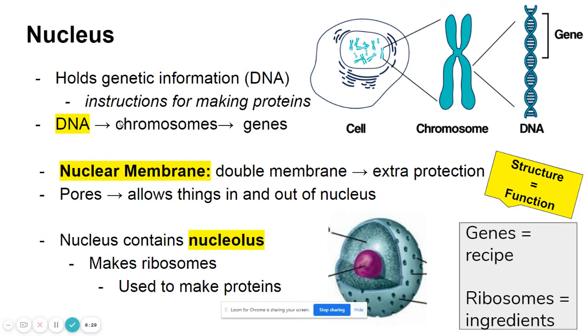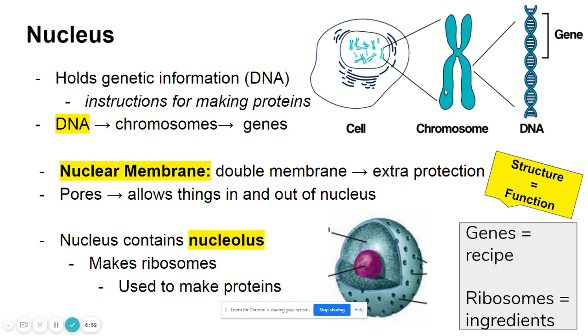Well, a similar thing happens in the cells during the process of protein synthesis. The DNA contains the instructions or the recipe for making proteins. And specifically, if we look at a strand of DNA, usually this DNA is going to be organized in a specialized structure known as the chromosome.